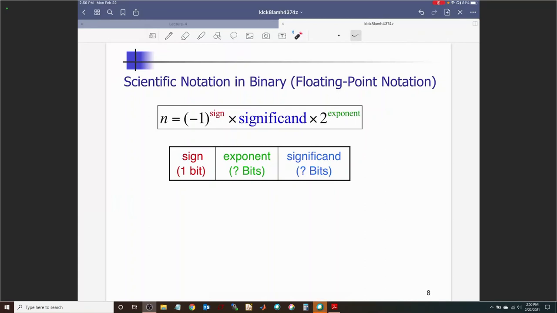Fixed point. What point are you talking about? If you're talking about decimal numbers, you're talking about the decimal point. If you're talking about binary numbers, then you're talking about the binary point. If that point is fixed, then those are called fixed point numbers. So if the location of that point is not floating or changing, then you call it fixed.